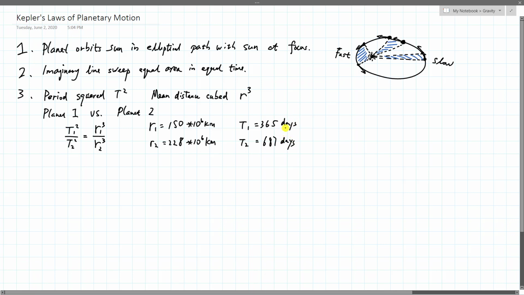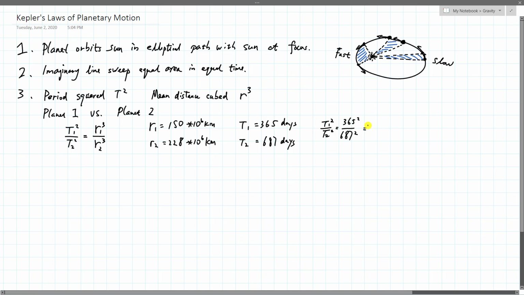I'm not using seconds, I'm not using meters, but if I make a fraction between these two exact units, they'll just cancel themselves, right? Days will cancel days. So the fraction of period squared, T1 squared over T2 squared, is equal to 365 squared over 687 squared.